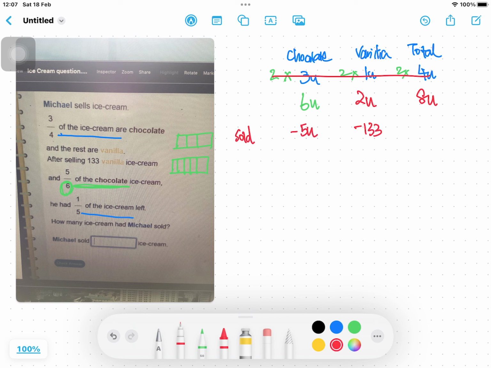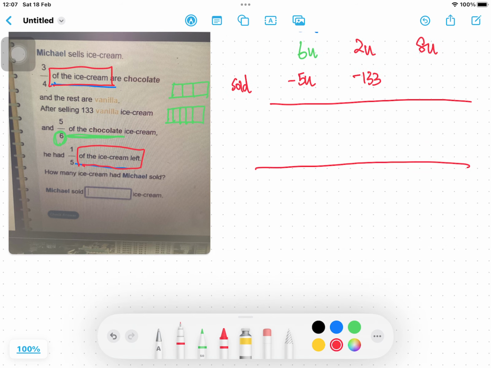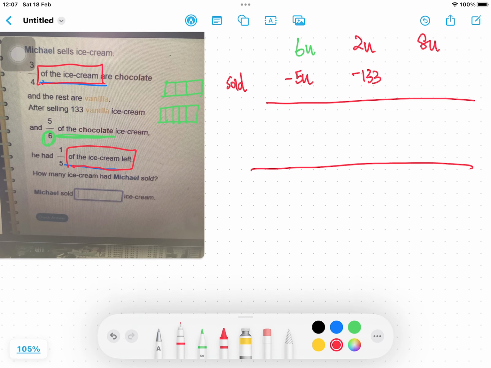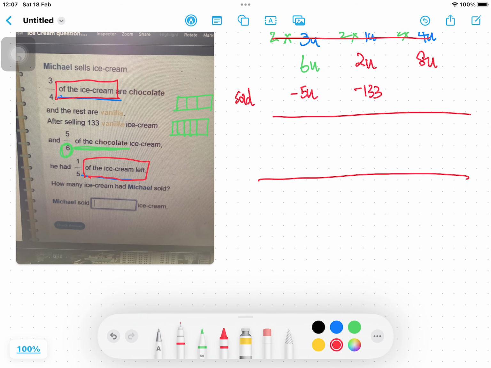Another very important part is that it says in the end has 1/5 of the ice cream left, of the ice cream, but then here it says of the ice cream as well. Remember the ice cream, initially I cut it into 4 parts, right? But then now I cut it into 5 parts.